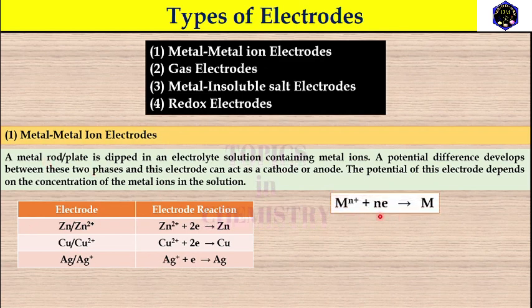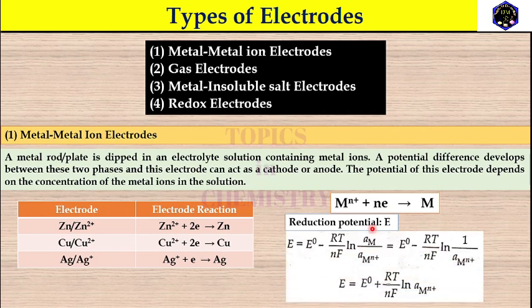This is a general equation for such electrode. Mn+ plus n electrons converts to M. This is the reduction. Now consider the reduction potential for this reaction is E, and according to the Nernst equation you can write E is equal to E0 minus RT by nF ln activity of M divided by activity of Mn+.